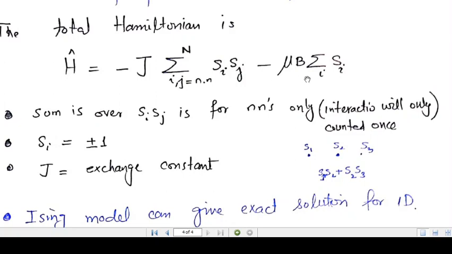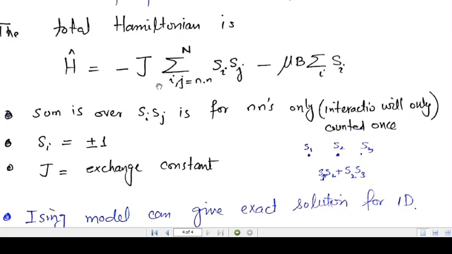So we can find the thermodynamic properties of such systems as well. You know that if we are able to find Z, the partition function, we can find all the thermodynamic properties of the system. And in Z, there is a term which is the energy.